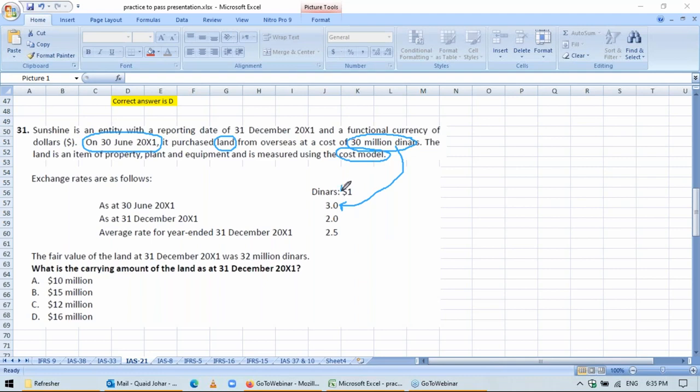Indirect quote means they are telling you the price of the reporting currency, and your reporting currency is dollar. So if they are telling you the price of the reporting currency, in order to convert, you will divide, right? And if they tell you the price of 1 dinar, then you will multiply. So over here, they are telling you the price of the reporting currency, so you need to divide it. So let's convert first.